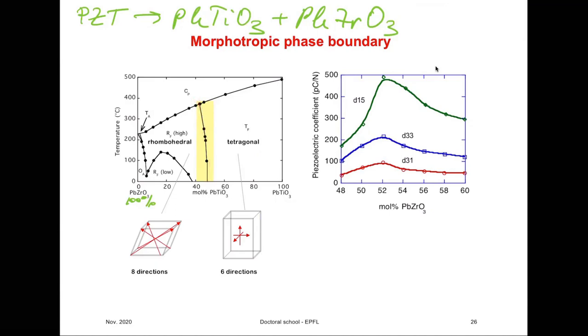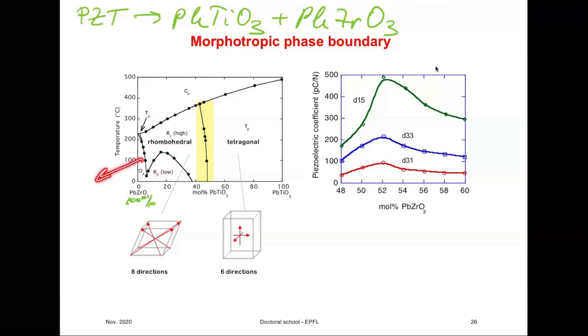On the right side, on the lead titanate rich side, the material has a tetragonal structure, and on the rhombohedral side, the material has a rhombohedral structure. You can ignore this division within the rhombohedral field. There are two different rhombohedral structures, but that is not important for our discussion.